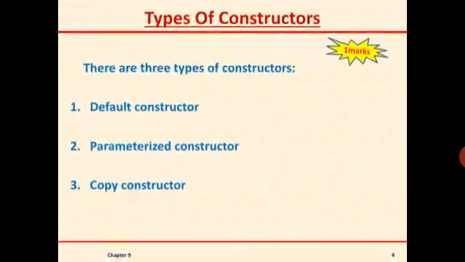Students, for 1 mark you have to remember what the different types of constructors are. There are three types: default constructor, parameterized constructor, and copy constructor. In today's class, we are going to focus only on default constructor.